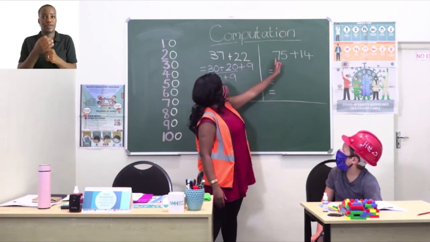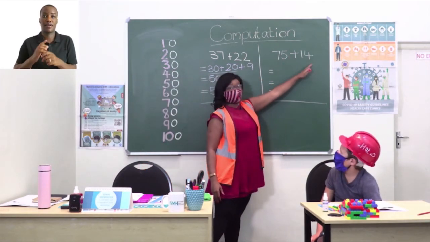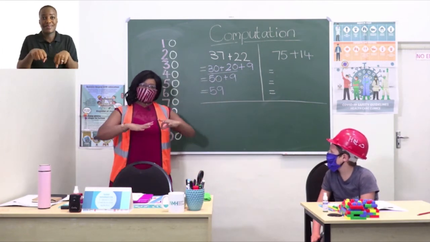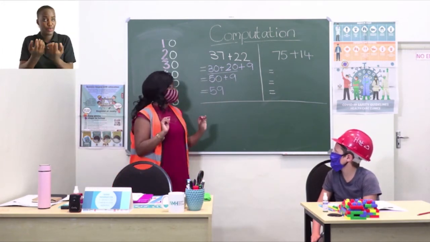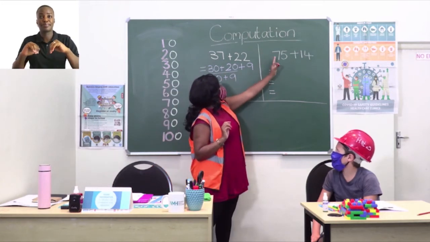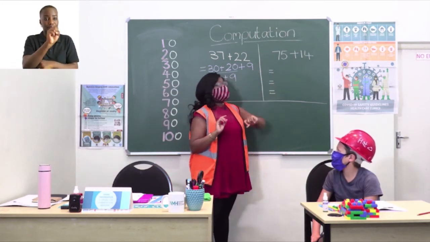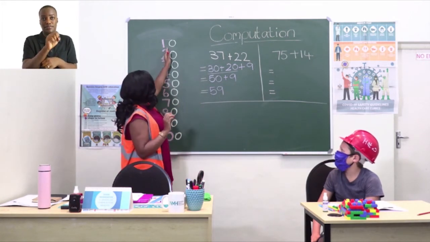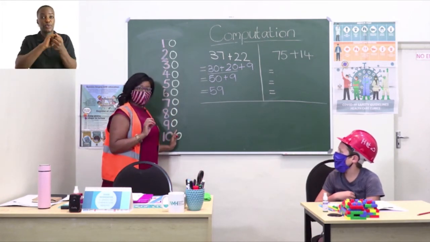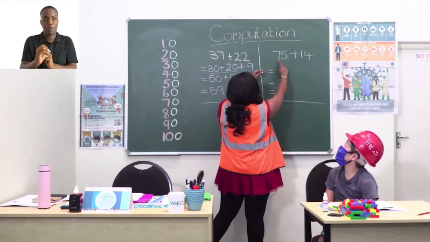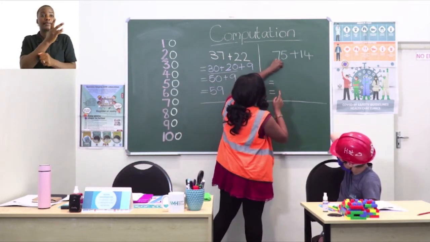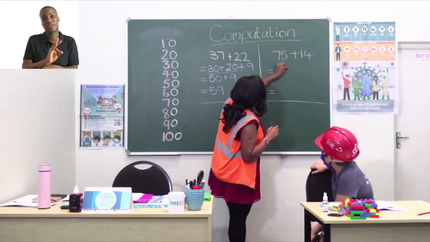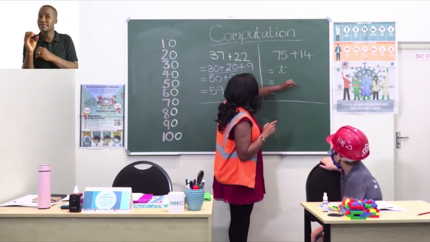We have 75 plus 14. Now remember, we need to first decompose or to break down the numbers. We take a look at the first digits. We know that they belong to the tens, and we are going to make them decade numbers. So we take our 7 and write 7 there, and we add a 0 to make it a decade number.